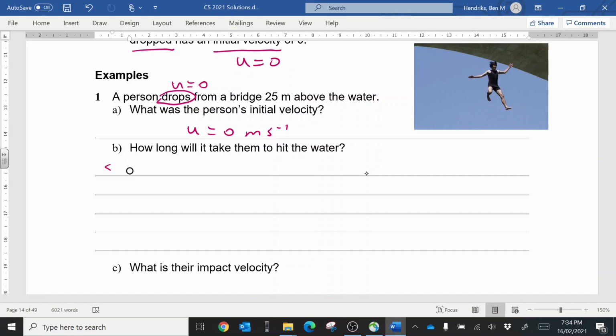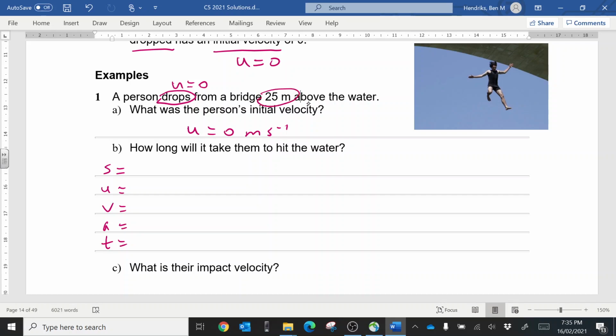This is where we go to our SUVAT, S-U-V-A-T, just like we did before. So S, U, V, A, and T. How long will it take them to hit the water? What do we know?